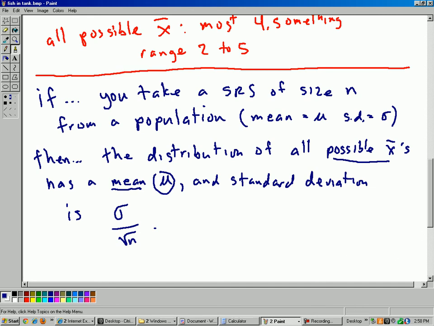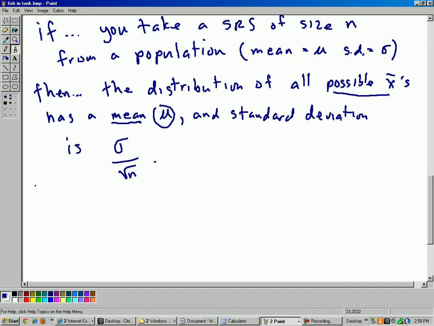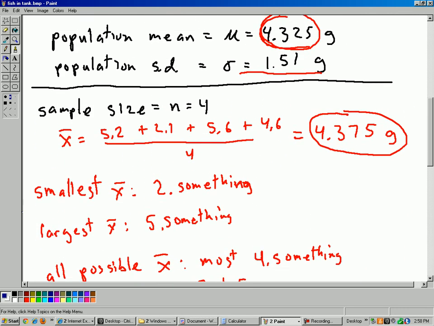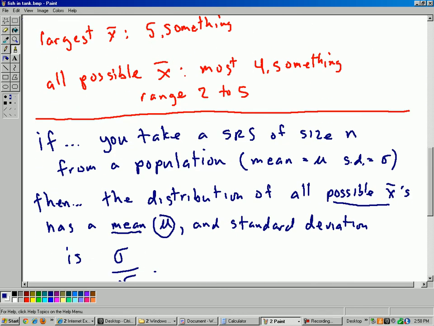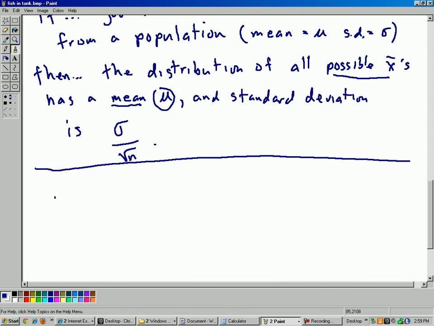Okay, so in the example that we just did, our population standard deviation was 1.51. Our sample size was 4. So what is the standard deviation of all the possible x bars that I could ever get?